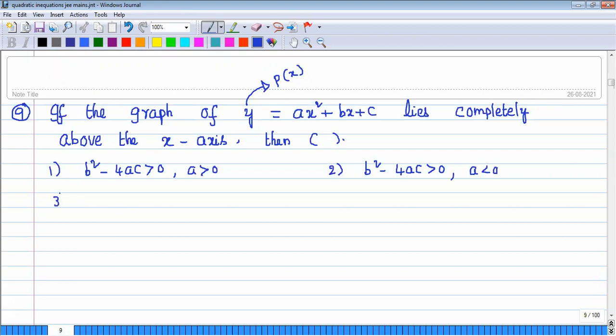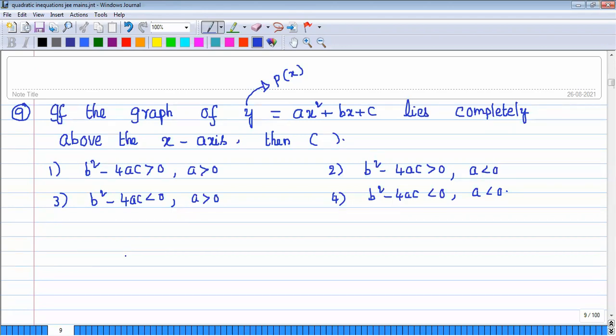Third: b square minus 4ac less than 0 and a greater than 0. Fourth: b square minus 4ac less than 0, a less than 0. Which is the right condition for the graph?